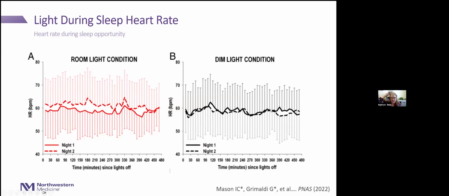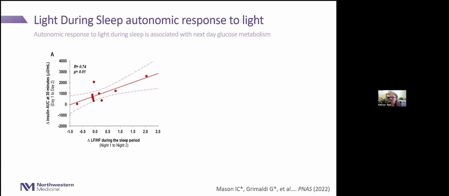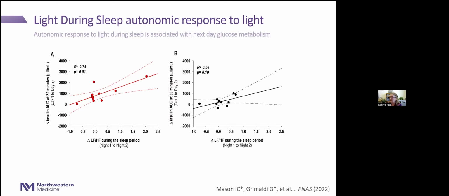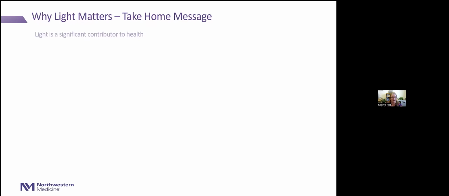And interestingly, when we look at that early phase insulin response to the glucose challenge, that is related to changes in heart rate across the night, and in particular a change in the LF-HF ratio, which is indicating a shift from the sympathetic drive to dominance over vagal, and we don't see an association in the dim light condition between these factors. So why does light matter?